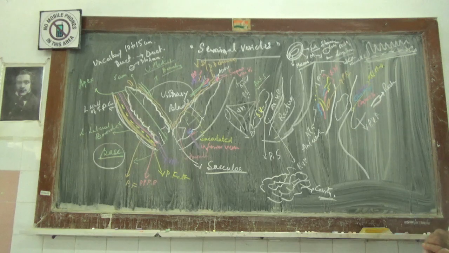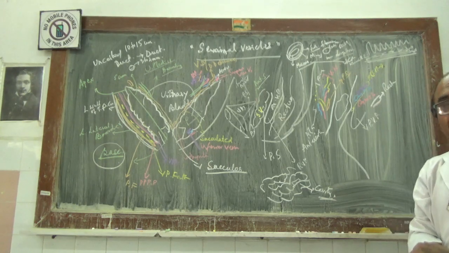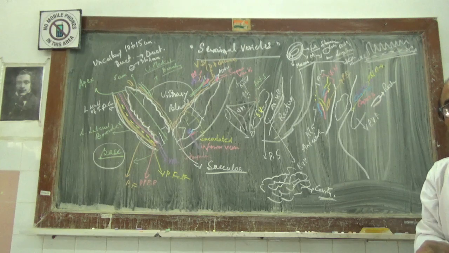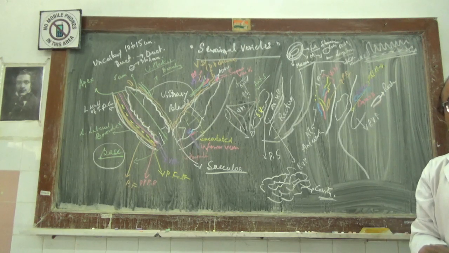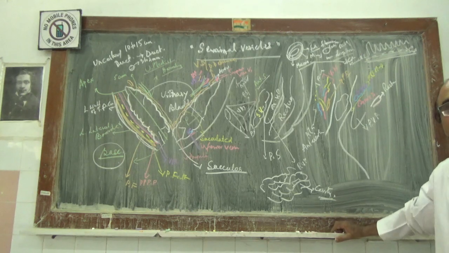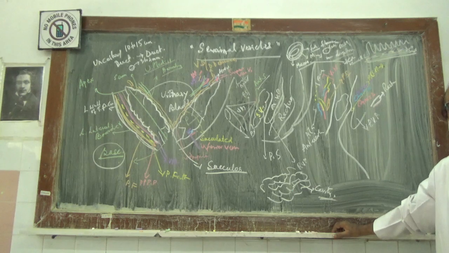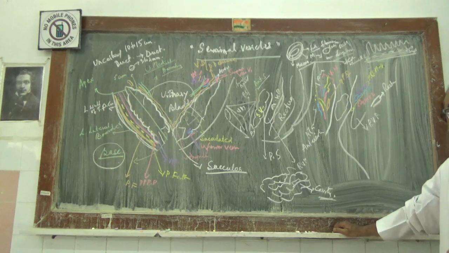Blood supply of the seminal vesicle is by the inferior vesicular arteries as well as middle rectal arteries, which are in turn the branches of internal iliac from the anterior trunk.